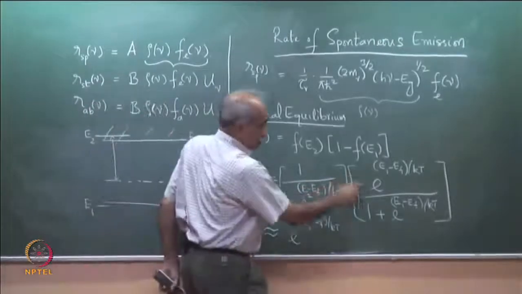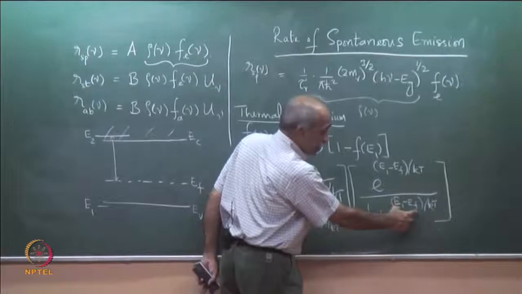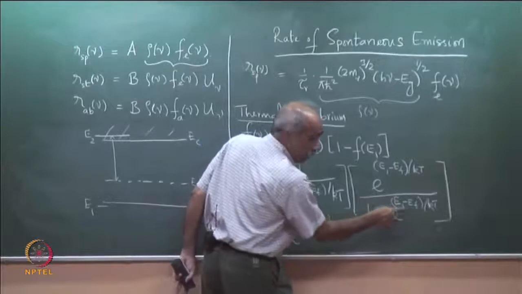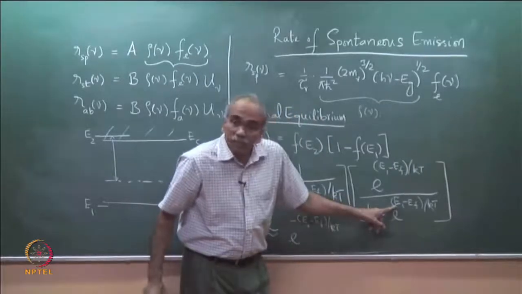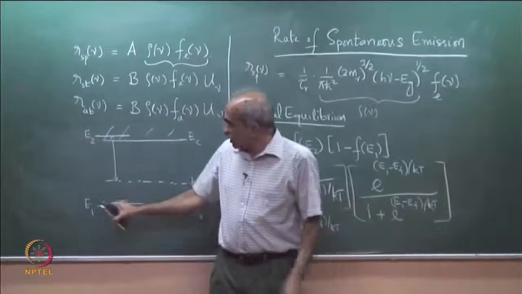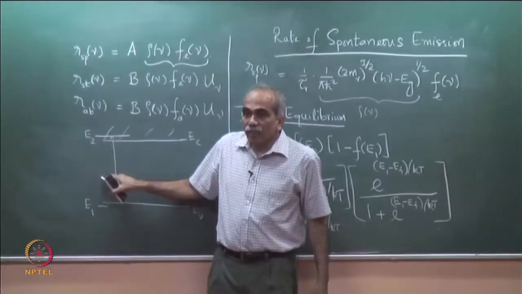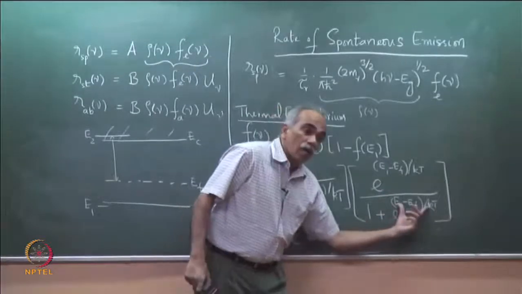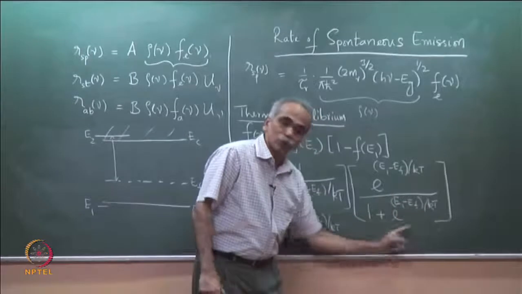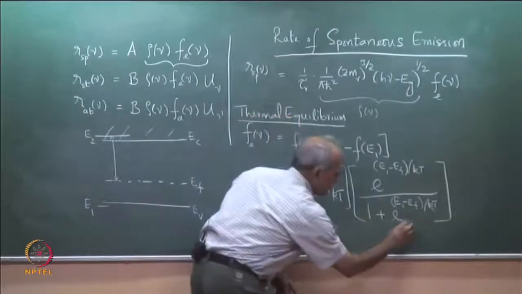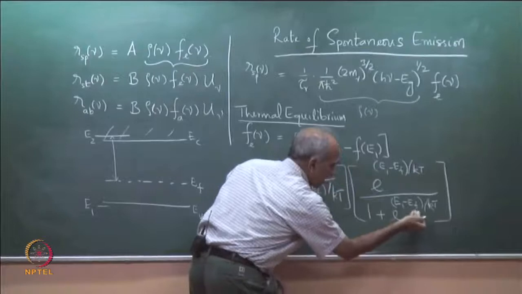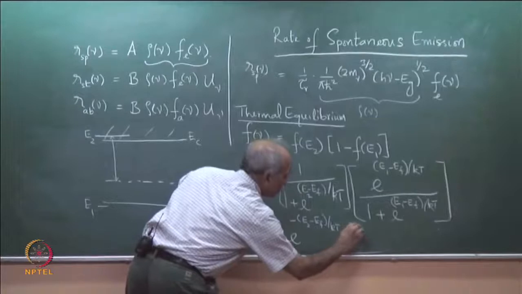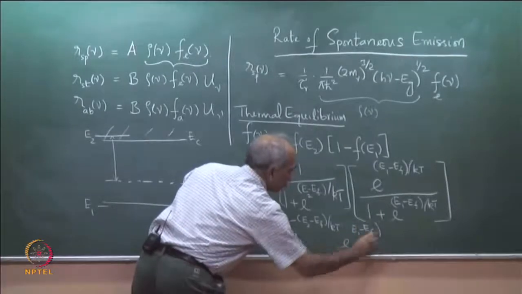What about this term? E1 minus EF by kT is a large number, but E1 is less than EF. Please see, E1 is here, EF is here. So, E1 minus EF is a negative number, a large but negative number, therefore this term is close to 0. So, I neglect this, and what we are left with is only e to the power (E1 minus EF) by kT.